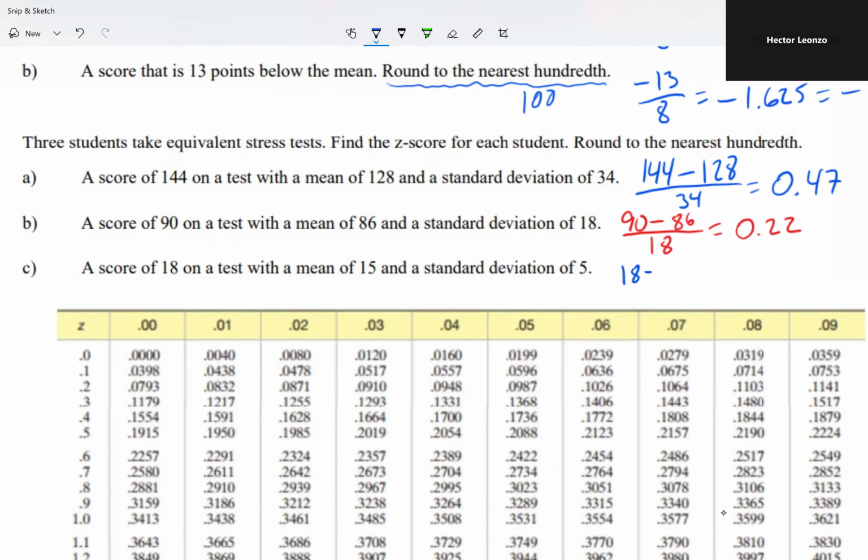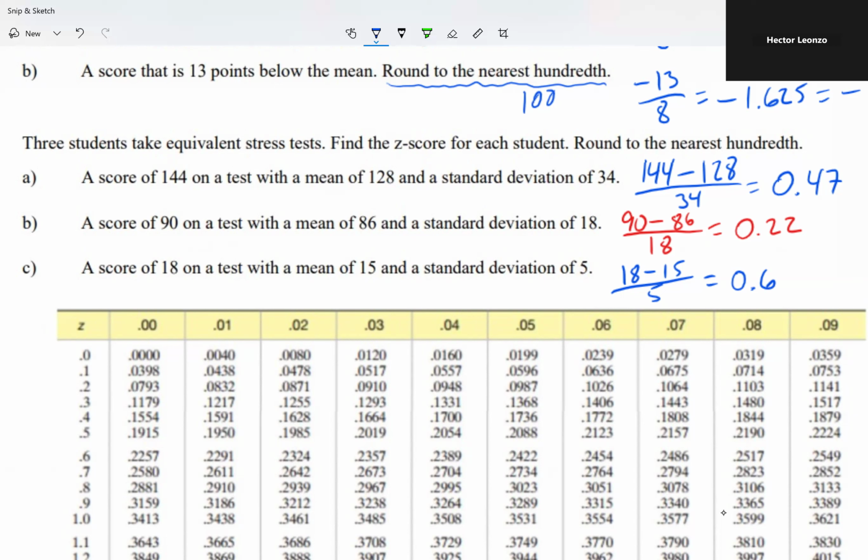So I'm going to go 18 minus 15 divided by the standard deviation, which is 5. So 18 minus 15 divided by 5 is going to give me 0.6. I know I said hundredth, two decimal places. I don't need to round this one. It's just 0.6.